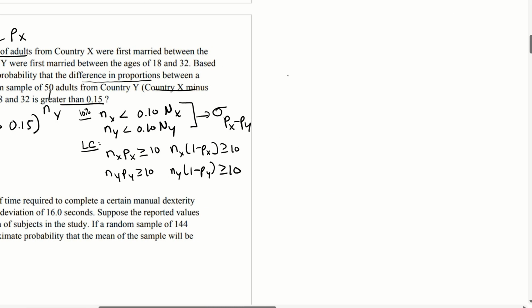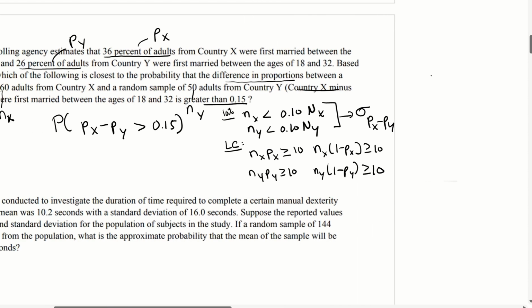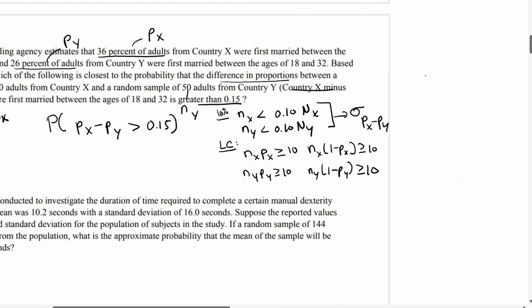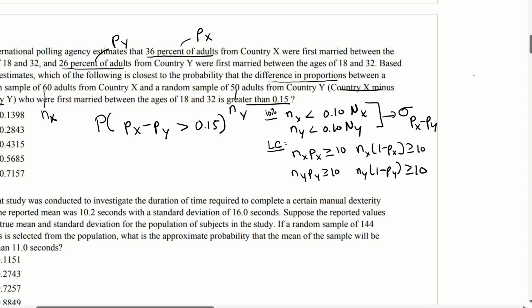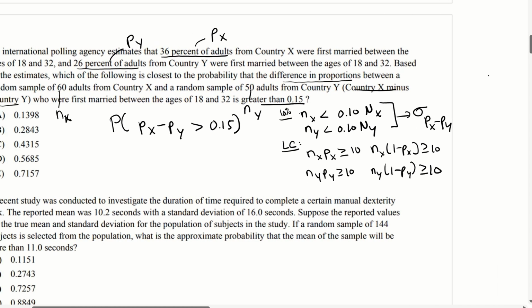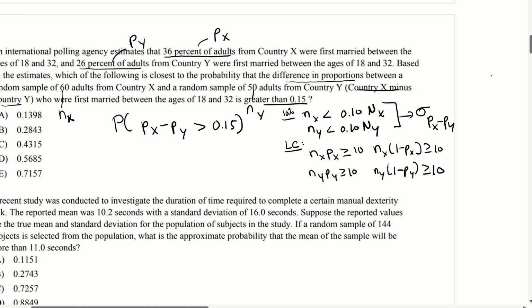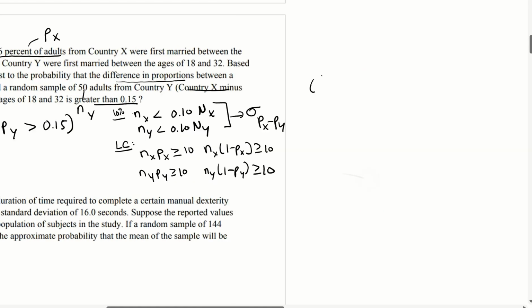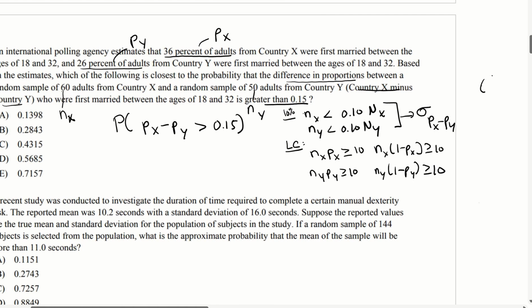This is not something that you would necessarily do in the multiple choice, because you would assume that you can use a normal distribution. You can quickly test it, of course, but when you see this type of problem, they're assuming you could just use the normal distribution and then use the formula. But we want to make sure that you know how to do this, for example, in a free response to test the conditions.